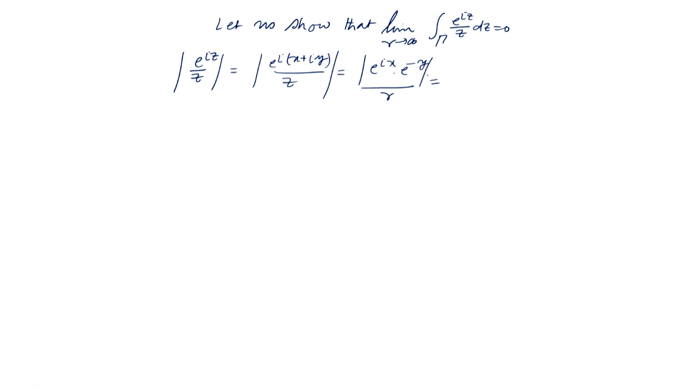So, mod of e to the power i x equals 1. So, this is e to the power minus r sin theta divided by r. Now, the integral over gamma of e to the power i z dz divided by z equals the integral 0 to pi.